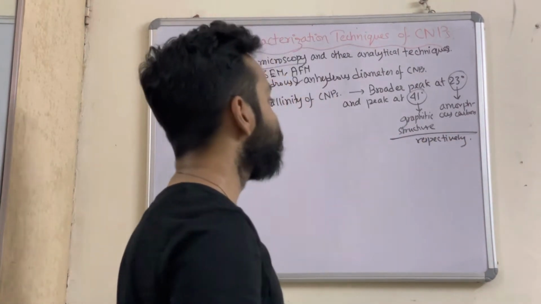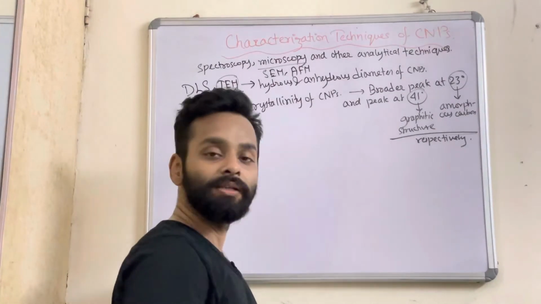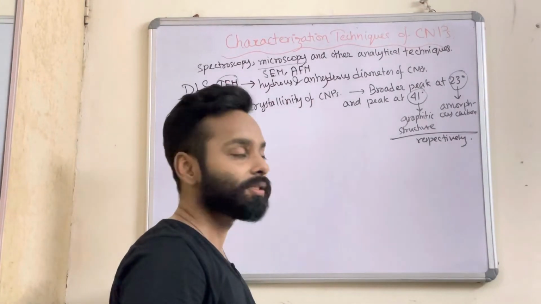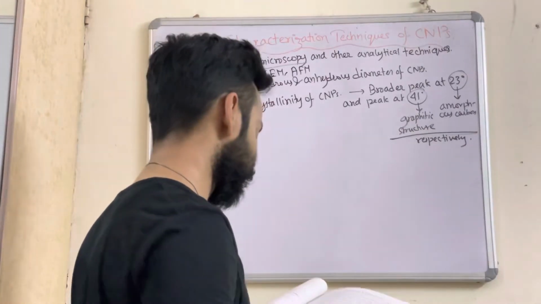So the peak at 23 degrees signifies the presence of amorphous carbon, whereas the peak at 41 degrees signifies the presence of graphitic structure in an X-ray diffraction crystallographic data.